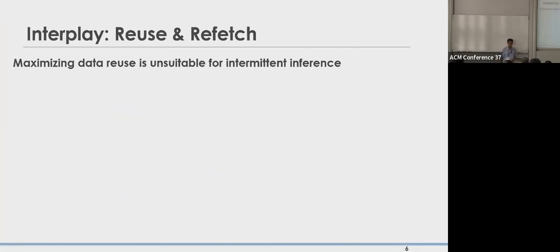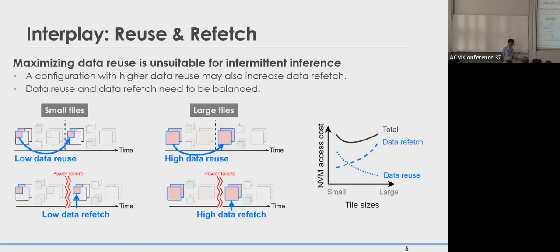And overall, we want to maximize data reuse and also maximize the tile size on continuous power systems. But on intermittent power systems, it may not be a good case. Here is an example. When the tile size is small, we only have low data reuse, but we also have low data refetch cost.